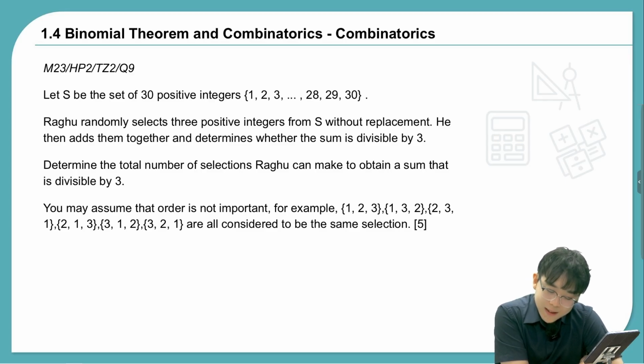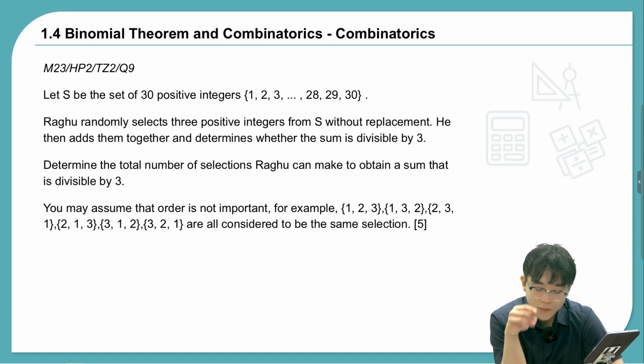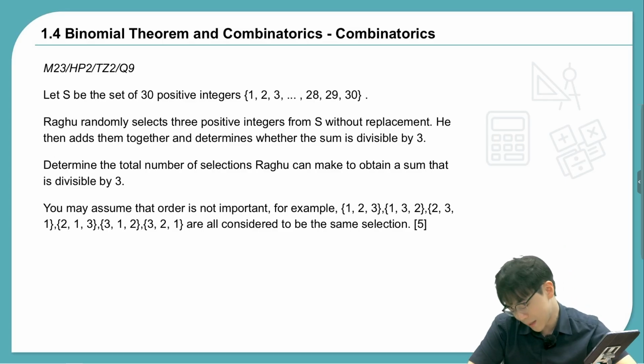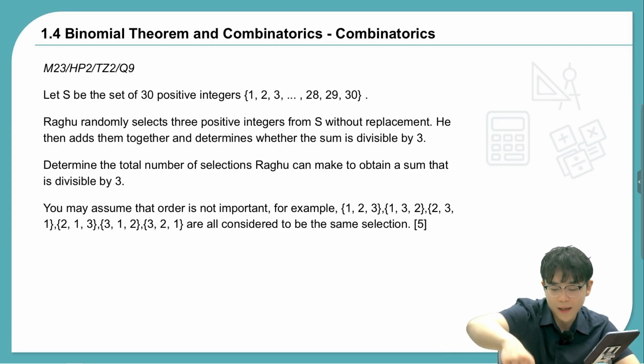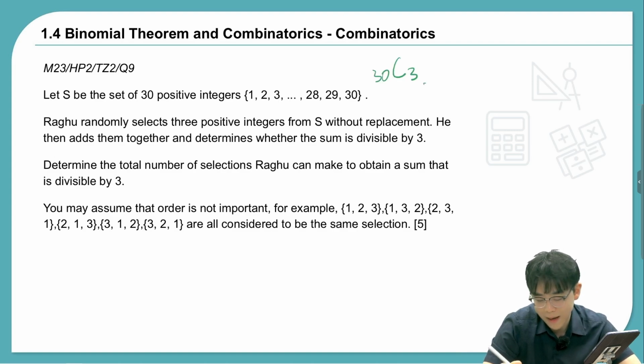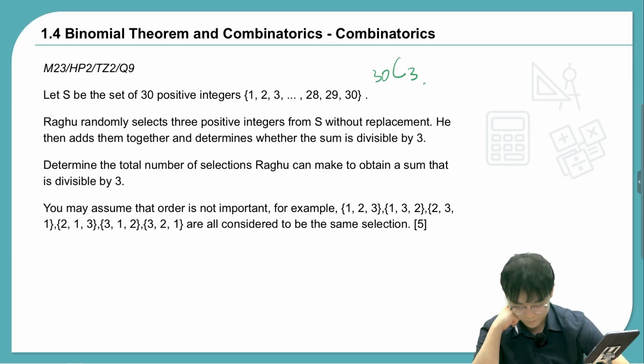There are technically 6 ways to order 3 numbers, like 1, 2, 3, but we're going to treat that as the same selection. So the total number of ways in which we can choose these numbers would be 30 choose 3. But out of that, we want the case where the sum is divisible by 3.